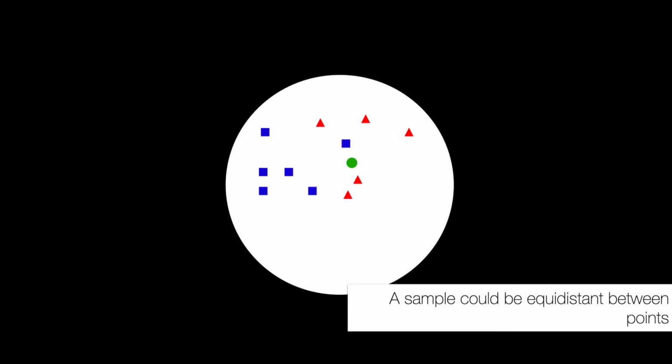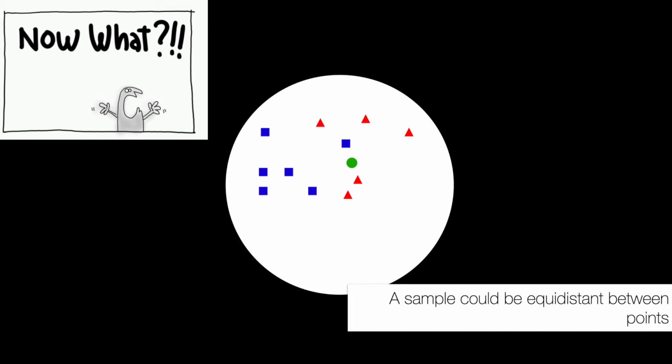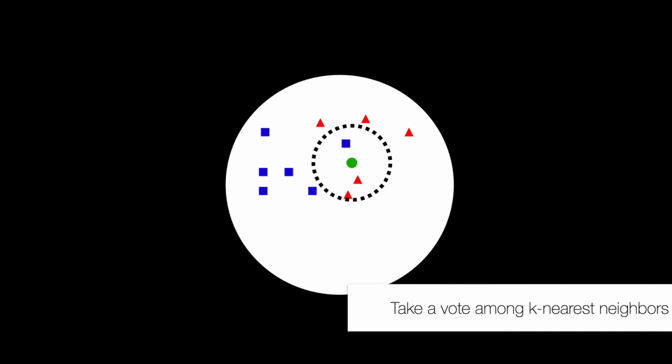Now this can be problematic because we can end up in situations where a new data point is equidistant between 2 points. So like here, this green dot is equidistant between this red triangle and this blue square. Now you could just do arbitrary tie breaking here and say, well, we'll just pick one. But another approach is to take a vote among our nearest neighbors.